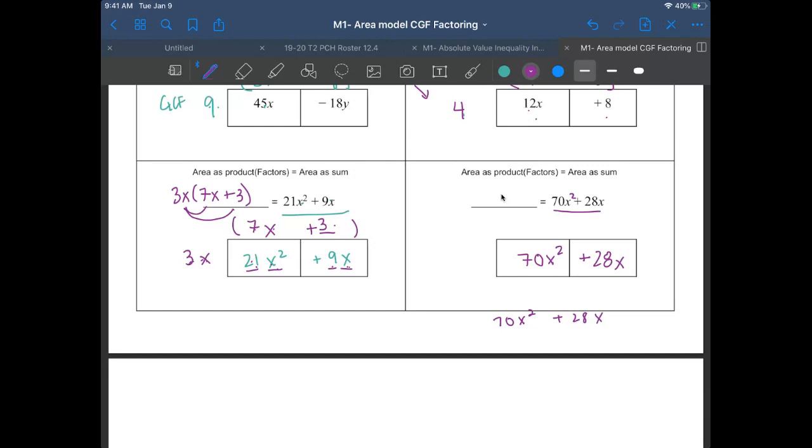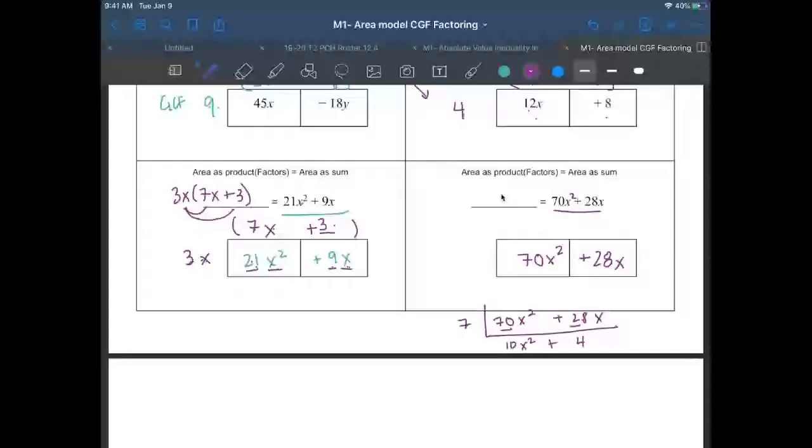And I can see that between 70 and 28, a 7 divides out. So I get 7 times 10 gives me 70, and I haven't done anything with the x squared, so I'm going to leave that. Plus 7 times 4 gives me 28. Right now I don't need this plus.